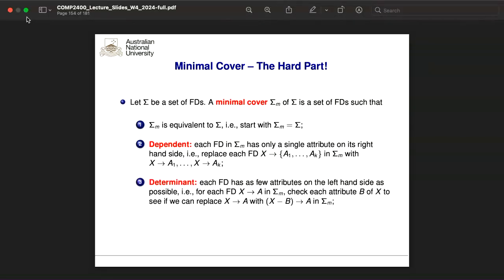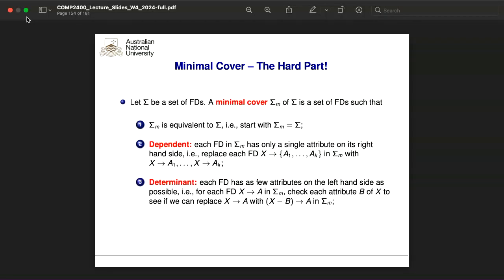Then we look into the X side. The basic idea is to check attributes in X, whether we can remove unnecessary attributes. This is a tedious part, because if we have X determines A, and B is an attribute in X, we want to check whether removing B loses anything.